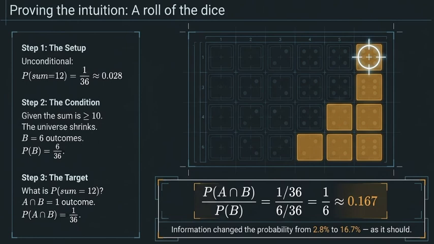Once you know the sum is greater than or equal to 10, you are only looking at 6 equally likely outcomes, and exactly one of them is 6 comma 6. So 1 by 6 makes immediate sense from the shrunken sample space view. Comparing it to unconditional probability, probability of sum equals 12 will be 1 by 36, and with the information sum greater than or equal to 10, it jumps to 1 by 6. So information changes the probability as it should.